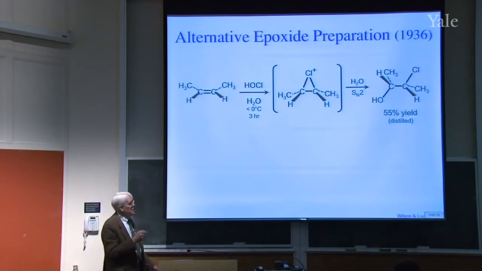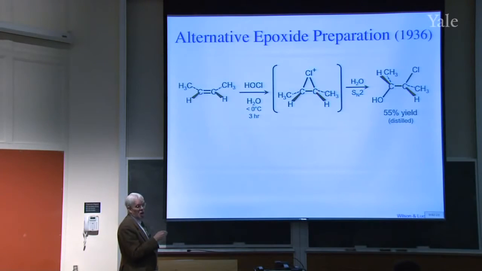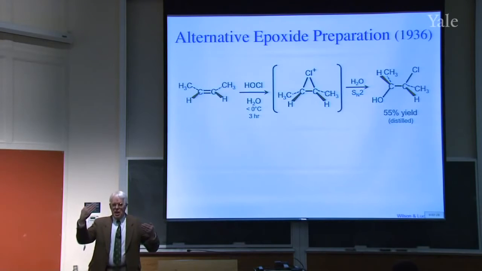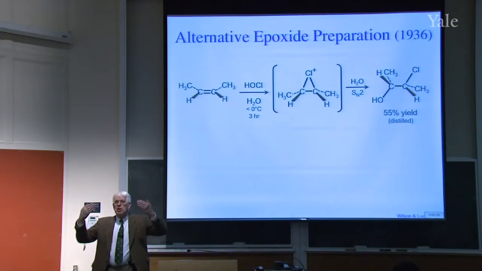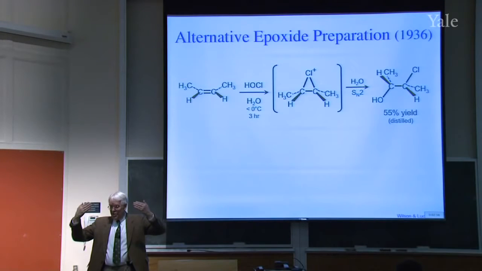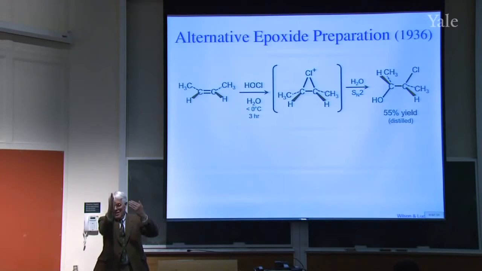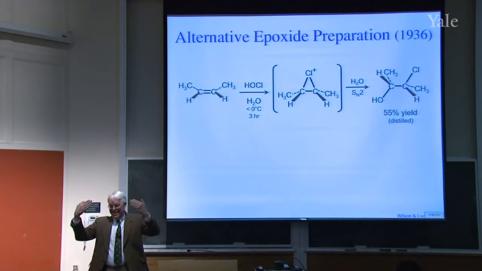Notice it would have been just as easy for the oxygen to attack this carbon. It attacked this one. It could have attacked this one, right? So it came this way. It could have come this way. What's the relationship between the two products you would get if you did those two reactions? Ellen?